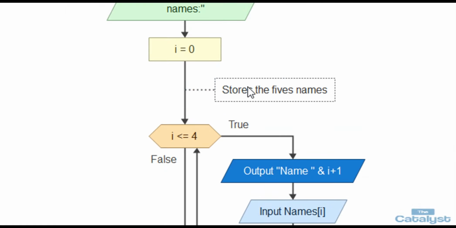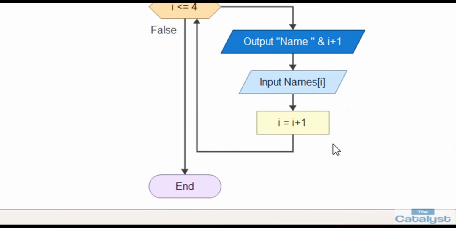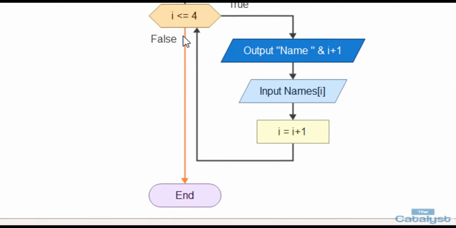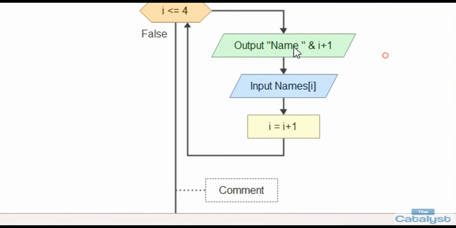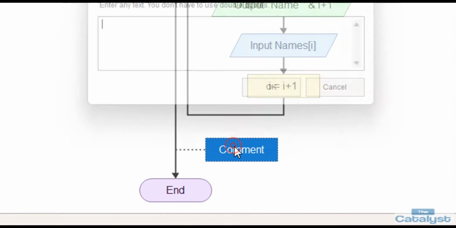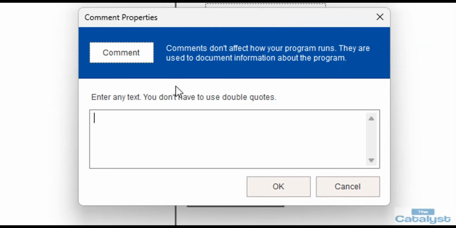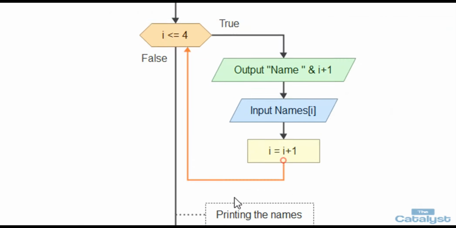So this is a comment, as you can see. It does not affect the code. It's just for easy understanding. Then I'll add another comment after the loop, when we are out of the loop. This comment will be for printing the names. So, print the names.